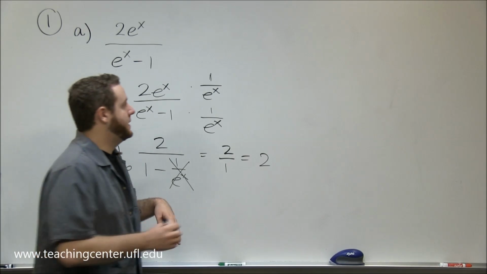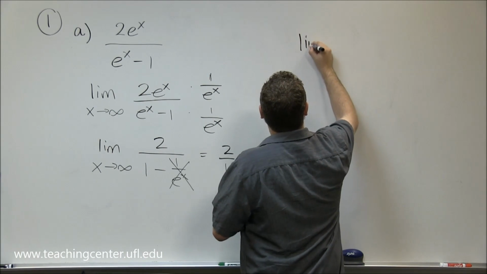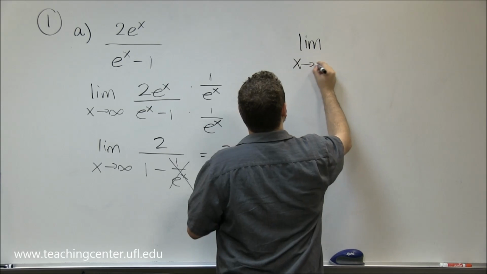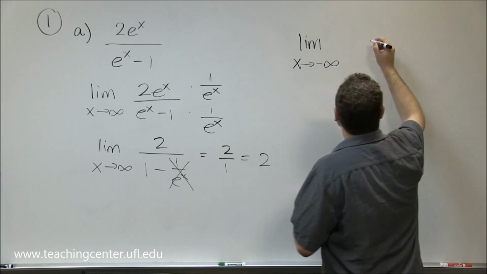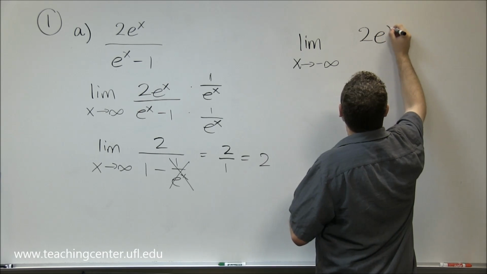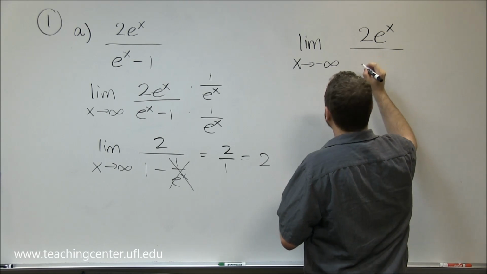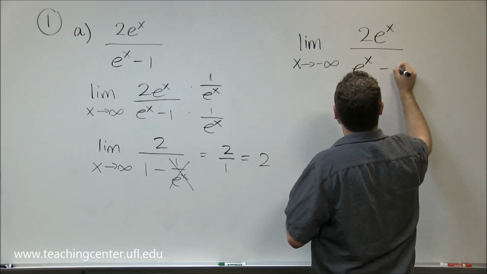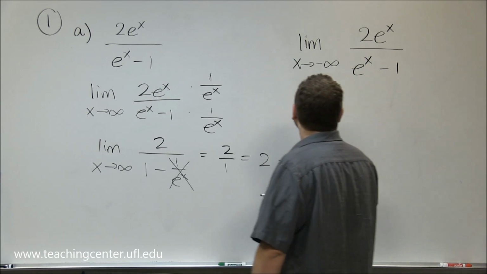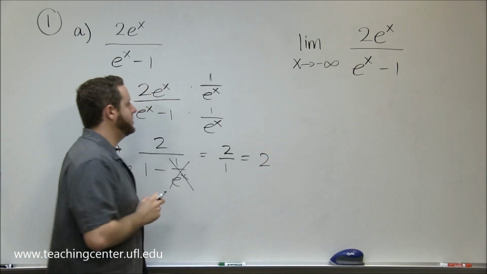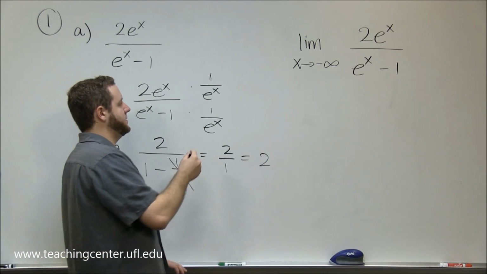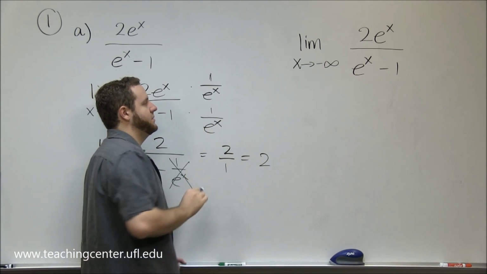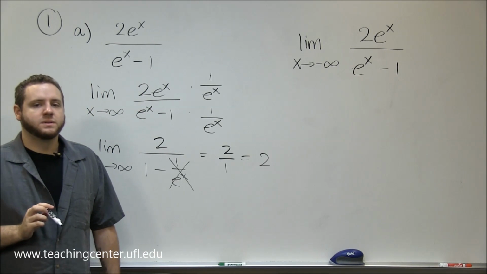We also need to do the limit at negative infinity, as x approaches negative infinity. All right, so in this case, we actually can't do what we did here because as x goes to negative infinity, e to the x becomes 0.